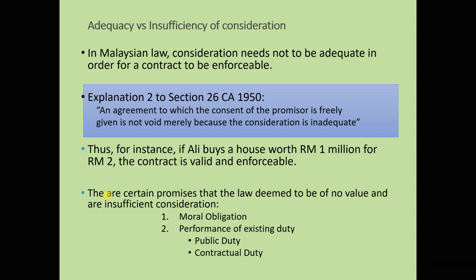So it can work the other way around lah. The worth of the house might be 1 ringgit, but people buy it for 1 million. So it can work vice versa, right? So there are certain promises that the law deems to be of no value and insufficient consideration, right?